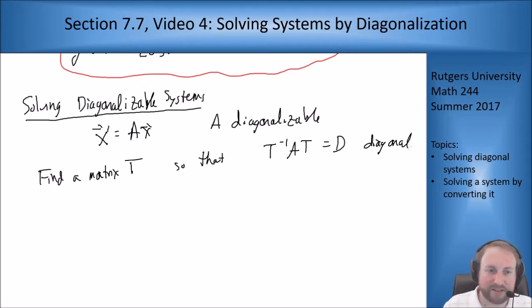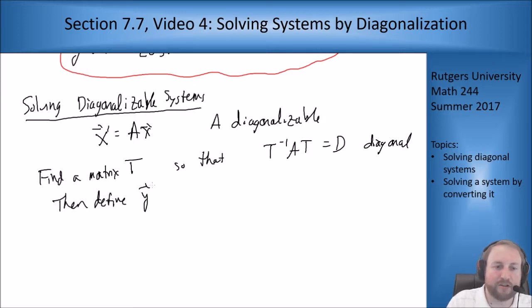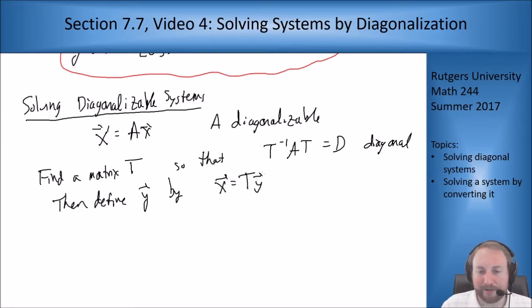So I can find this matrix T, then define a vector function y by x equals T times y. I can define y in this way because T is invertible.